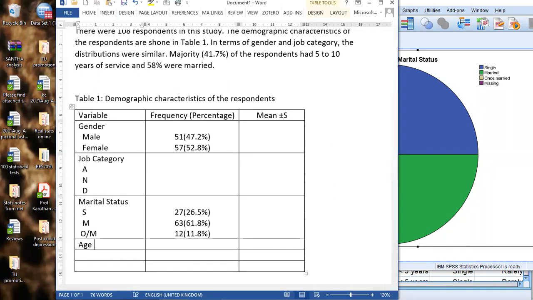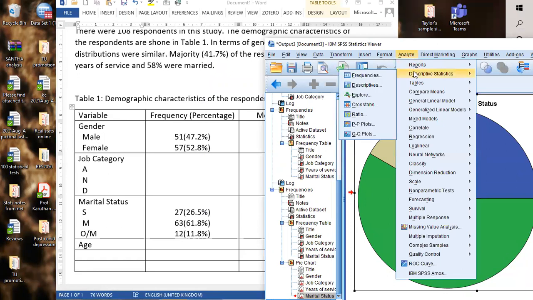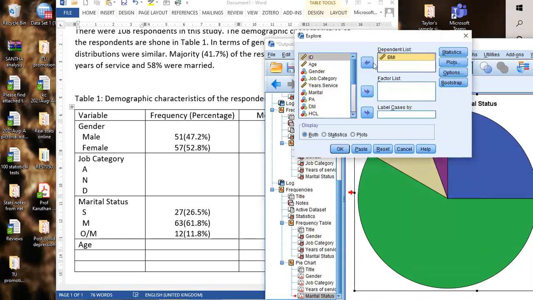Age. Okay, let's come to age. Is age quantitative or qualitative? Age is quantitative in this example. Any other demography which is quantitative?